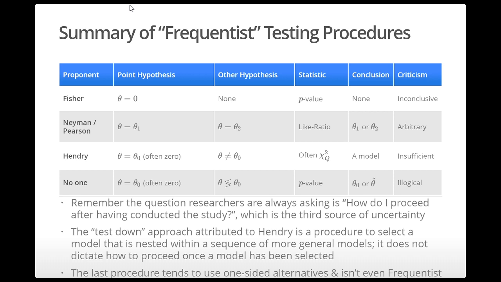So historically, it essentially starts with Fisher, who would have a point hypothesis in the context of an experiment that the treatment effect was 0. But there was no other hypothesis to contrast this with. Consequently, you didn't make any sort of a decision or a conclusion, but you could calculate the p-value, which would be interpreted as a unit-free measure of evidence against the null hypothesis that the treatment has no effect.